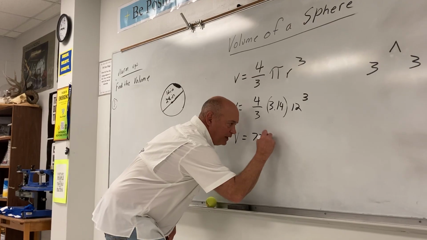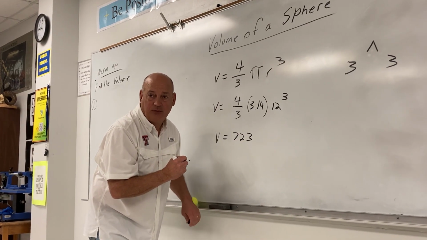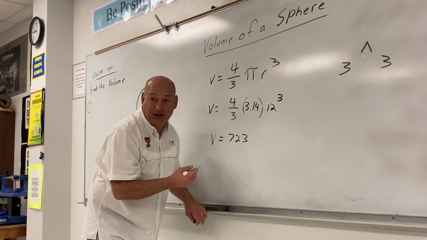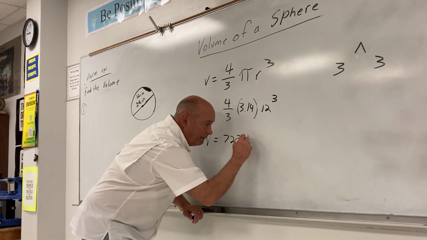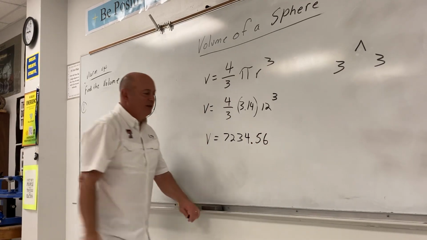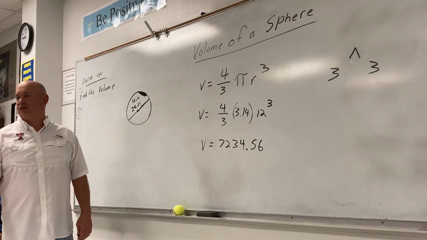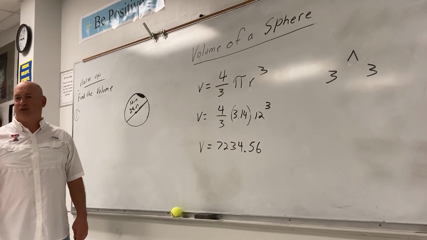Is there a bunch of decimals? No, it's just a big number. 7234.56. Raise your hand if you like it. I think the people said you typed it in right.